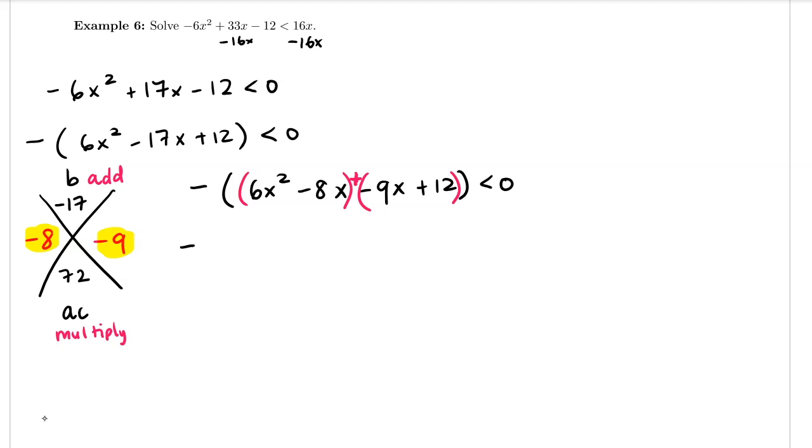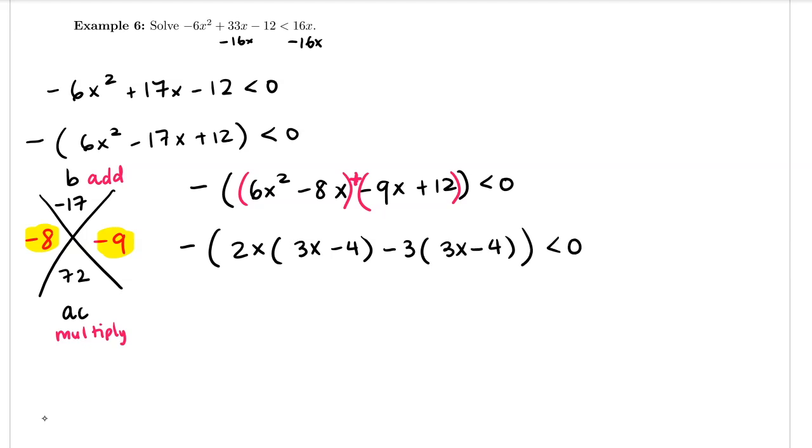Now that these are grouped together, in the first set of parentheses, I'm going to factor out the greatest common factor, and that is going to be 2x. And that would leave me with 3x minus 4. And then in the second set of parentheses, the greatest common factor would be -3. And that's going to leave us with 3x minus 4.